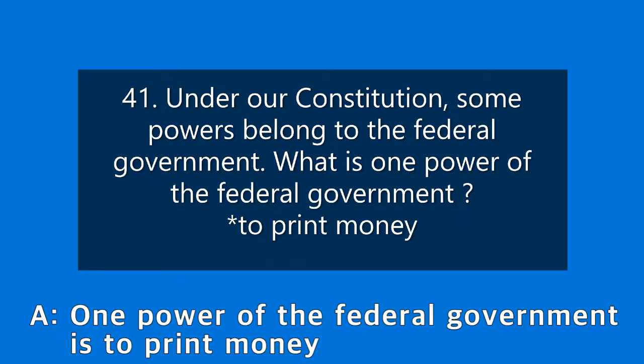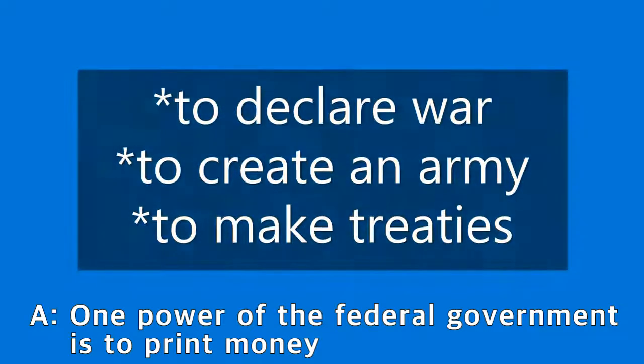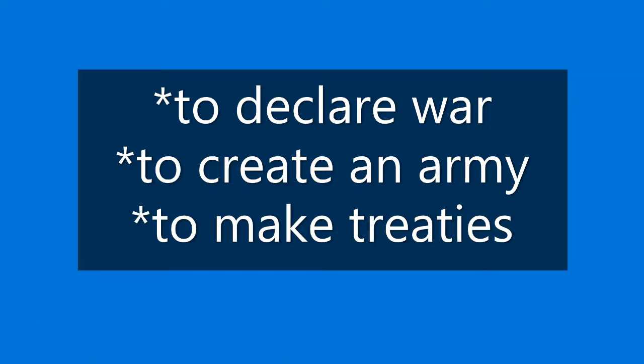Under our Constitution, some powers belong to the federal government. What is one power of the federal government? There are 4 examples to choose from, so you can say one power of the federal government is to print money. Or from this screen, you can say one power of the state is to declare war.